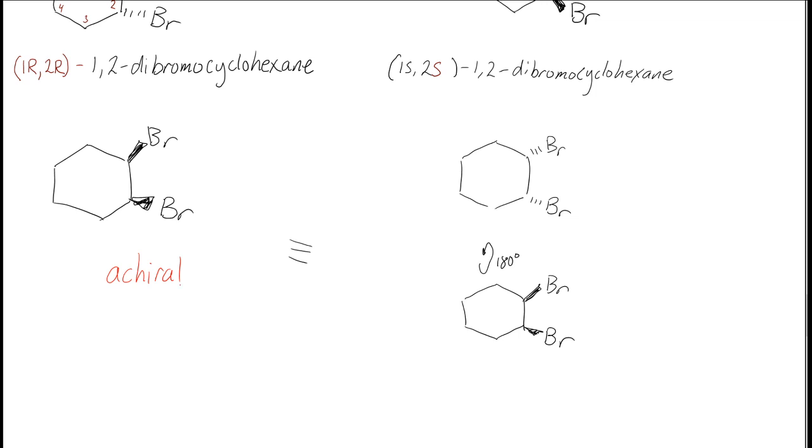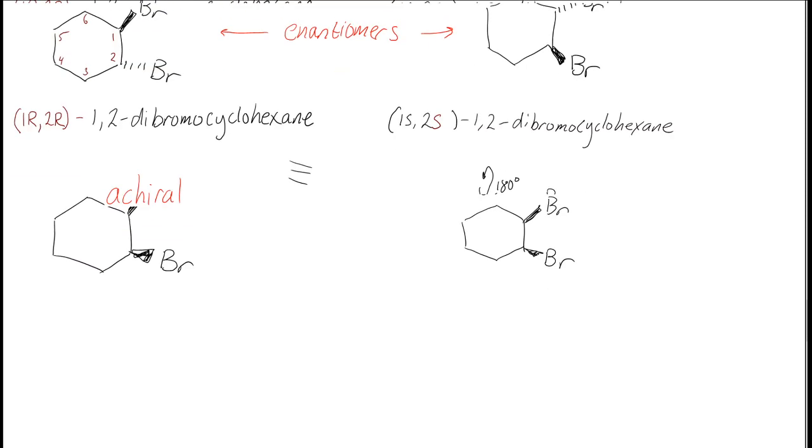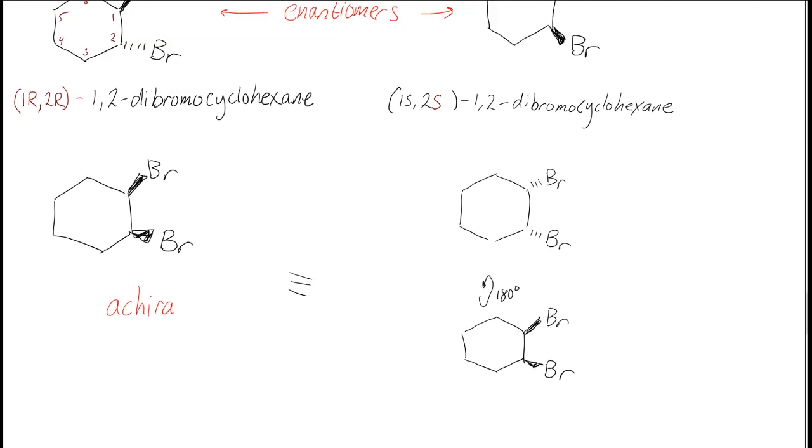So we took a structure that has stereocenters, and this molecule still has 2 stereocenters, but it is no longer chiral. And that's called a meso compound.